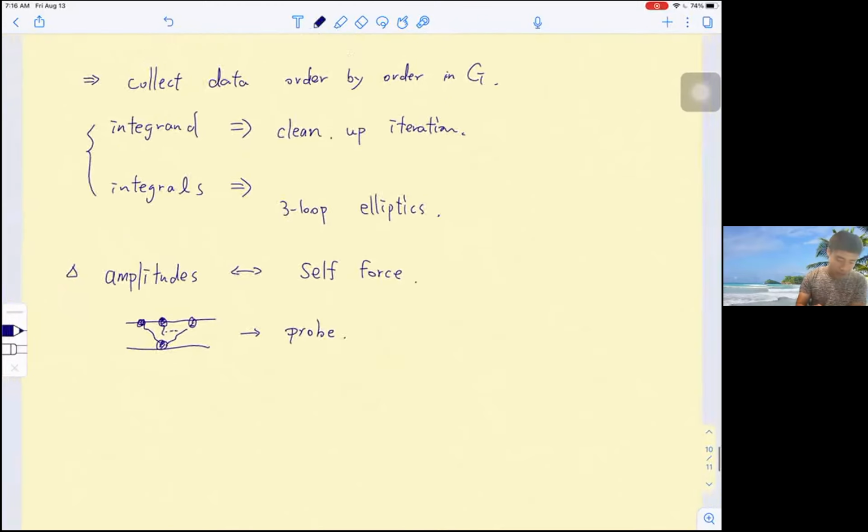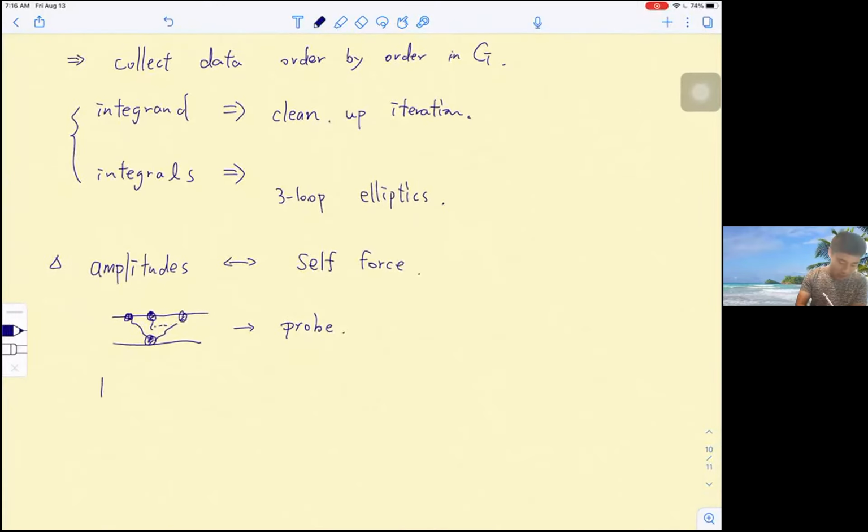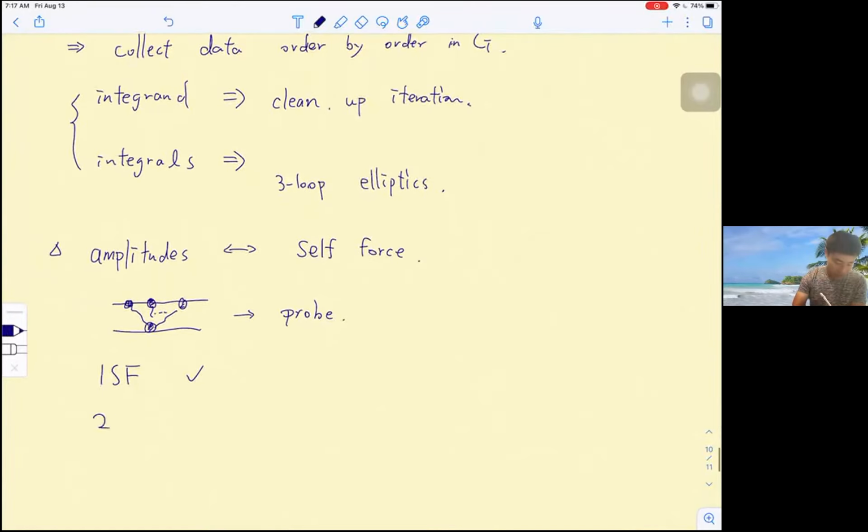So the current state of the art, at least from equation of motion, is that the 1SF is relatively well understood. However, for the second order self-force equation of motion, I'm not an expert on this, but at least it seems there is still a lot to be understood. So maybe this is a place where the Amplitude approach can be useful, because for us, we're just doing brute force perturbation, but maybe we can see some structure from Amplitudes.